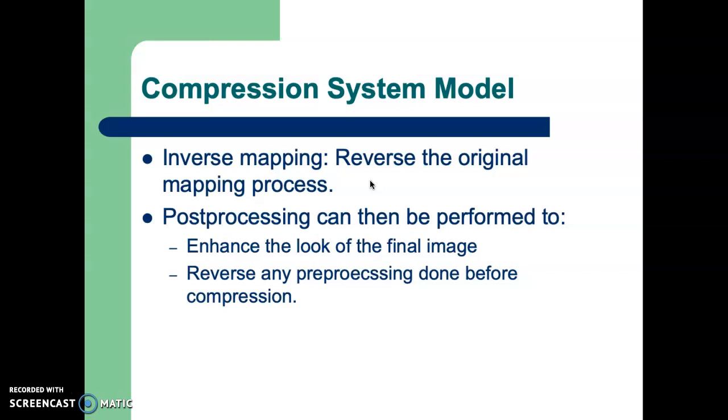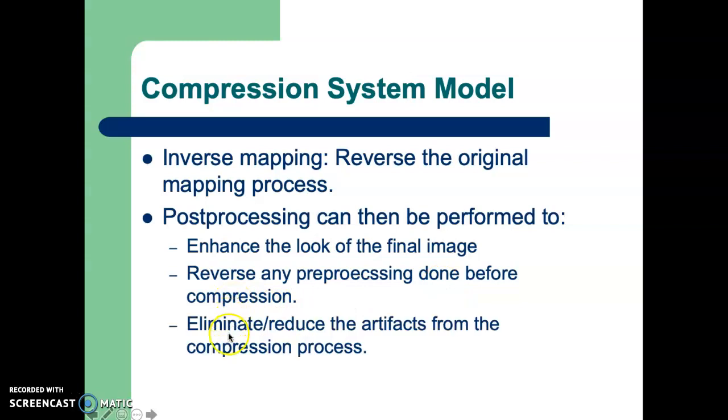So with this blur image, you can do the post-processing so that your image can be enhanced to improve the look of the final image. Reverse any pre-processing done before compression. So you can also reduce the artifact from the compression process. Example, okay.